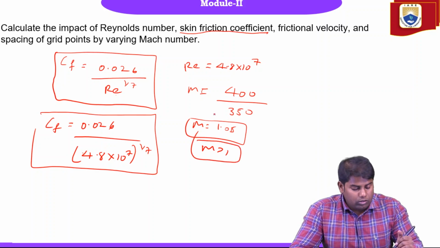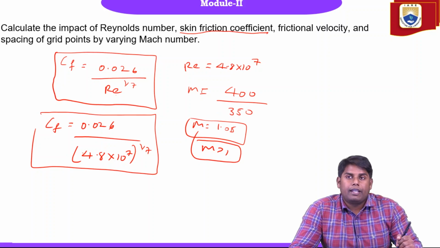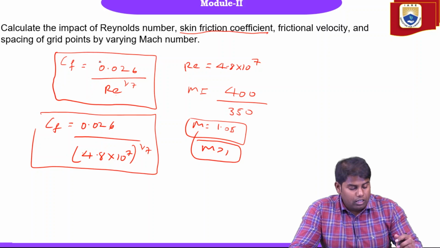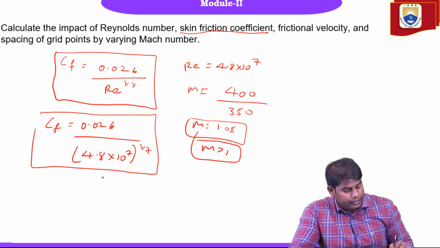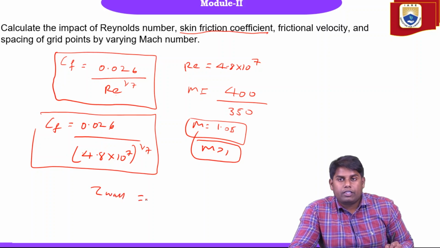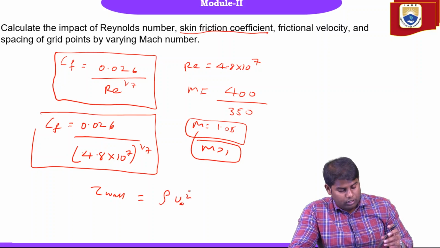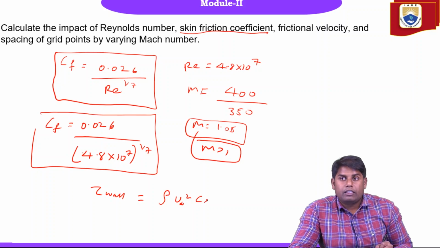Here we can see that when the Mach number is greater than 1, the skin friction coefficient Cf is going to decrease. But to calculate tau of wall, the wall shear stress, which is rho u infinity square Cf divided by 2.